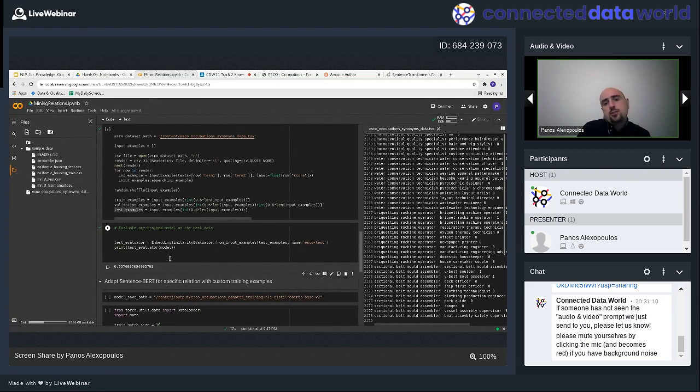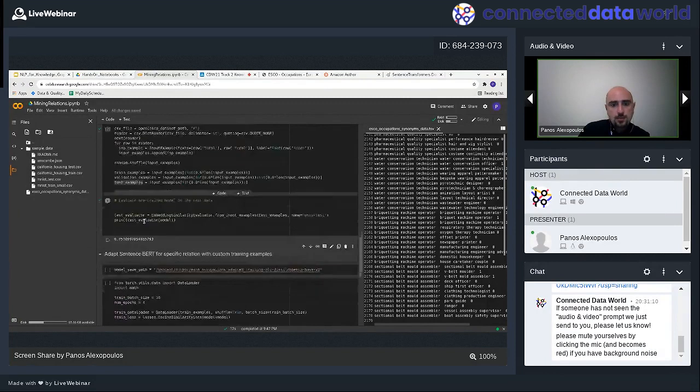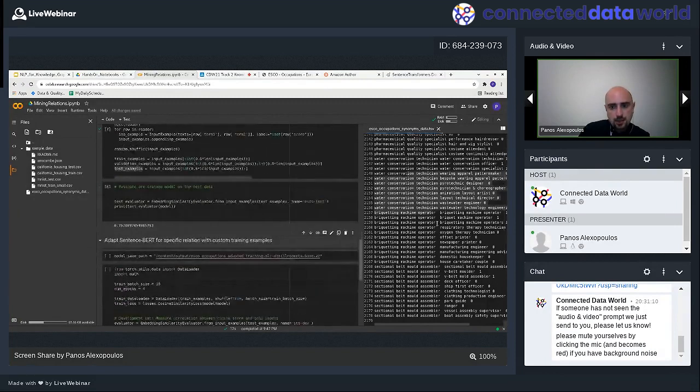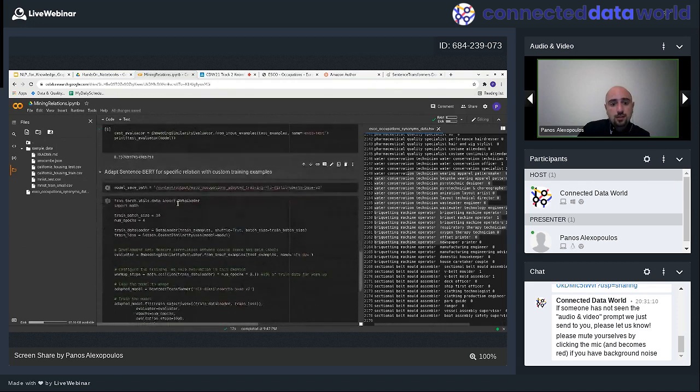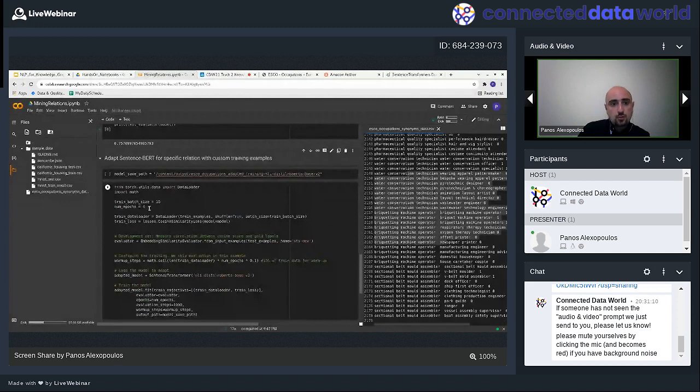Now, let's say that we're not happy with that, and we want to further fine-tune the model so that it reflects this data set better. What we can do is adapt it by using this data as training examples. The code to do that is here. It uses the PyTorch framework.